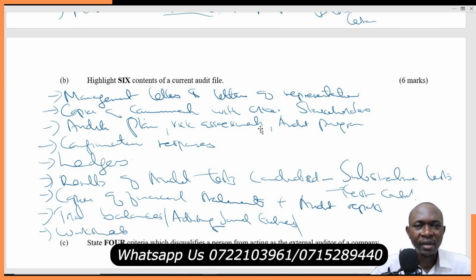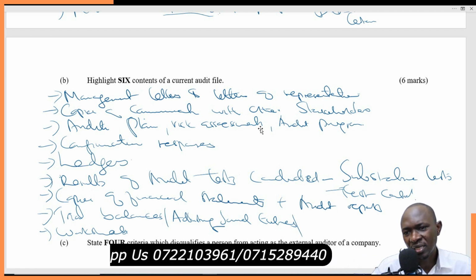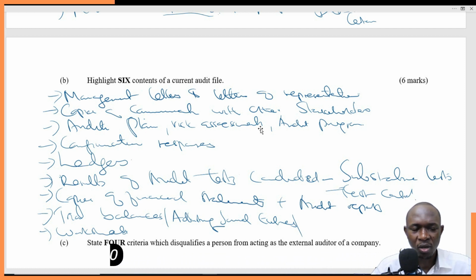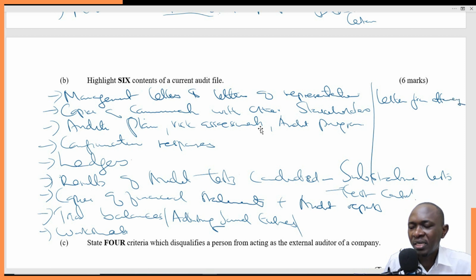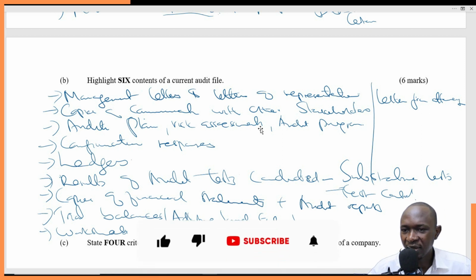And an environmental analysis, just to understand the business, will also be one of the contents. If we have any letters from the attorney pertaining to properties, or civil cases which might be contingent, those are also part of the documents contained in the current audit file.